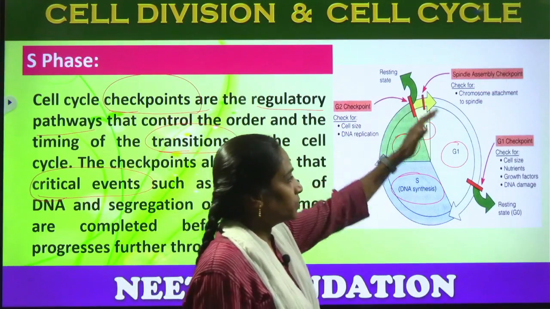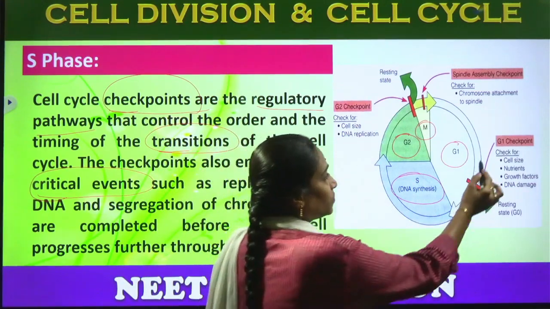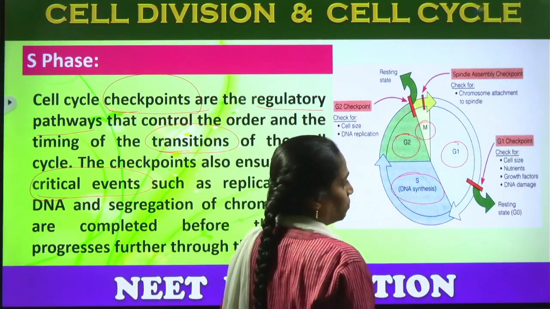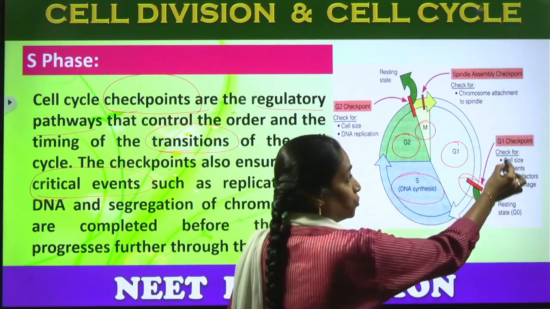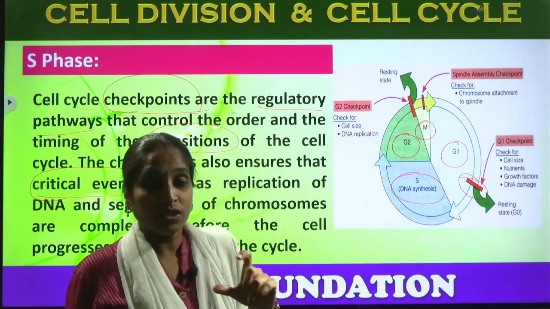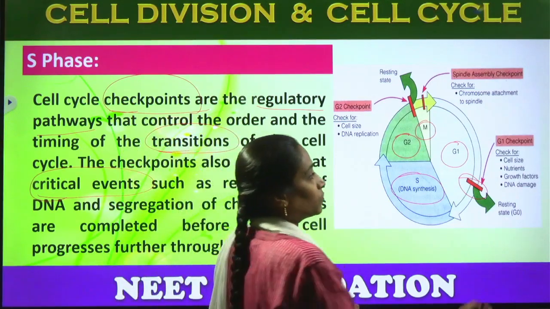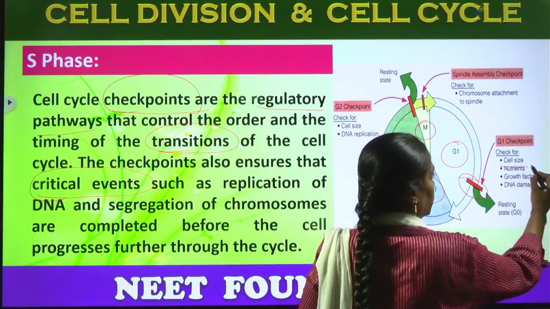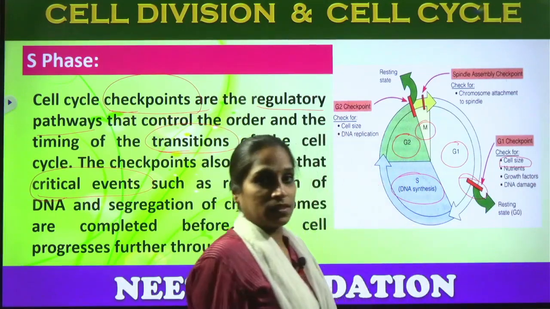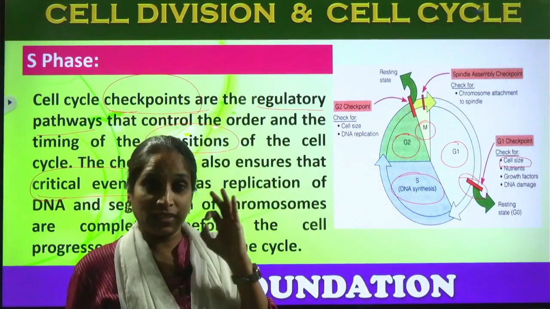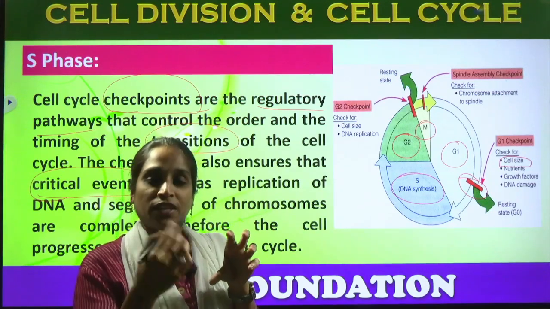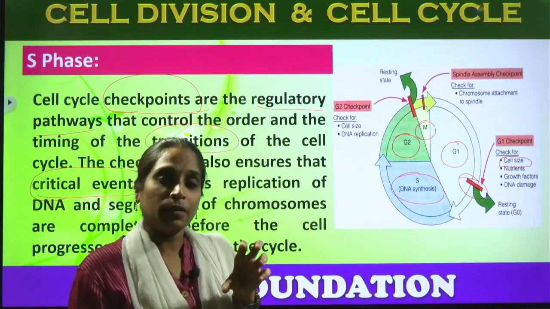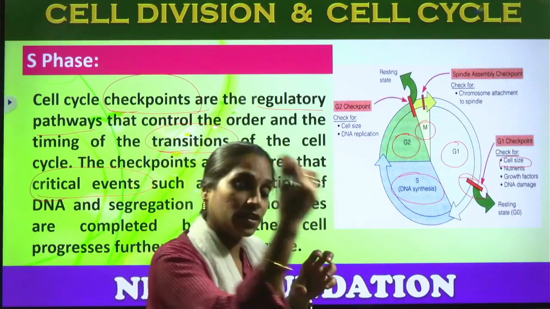So where we can observe the checkpoints here, near the G1 there is one checkpoint. So this red mark is nothing but one of the checkpoint. So during this checkpoint, what do the stage do? Okay, so here they check the cell size is particular or not, is it flexible or not, is it sufficient for the production of materials which are being maintained by the metabolical activities furtherly or not.